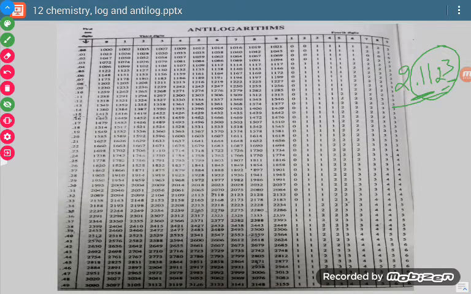Okay, now 0.11 under 2, its value is 1294. Then under 3, this is mean difference 3. Okay, now here the value is 1. Now we will add 1 to this, so I am getting the value 1295.